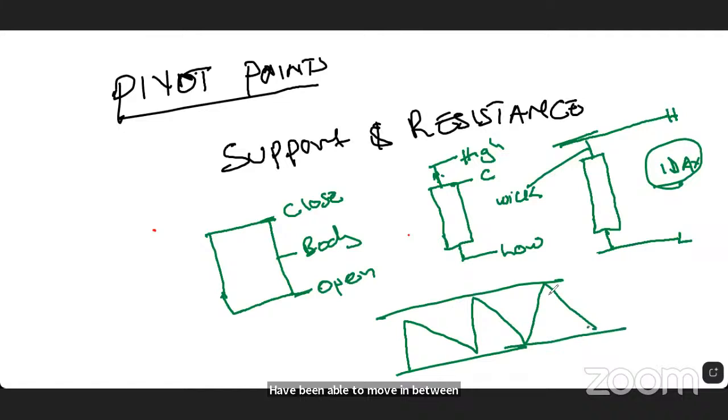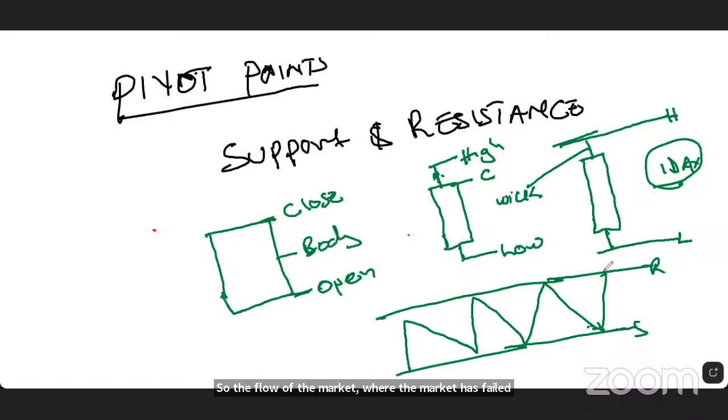And since the market has not been able to go beyond this line, this upper line is the line we shall call the resistance. This will be the resistance, and this will be the support. So the floor of the market, where the market has failed to go beyond, is our support.